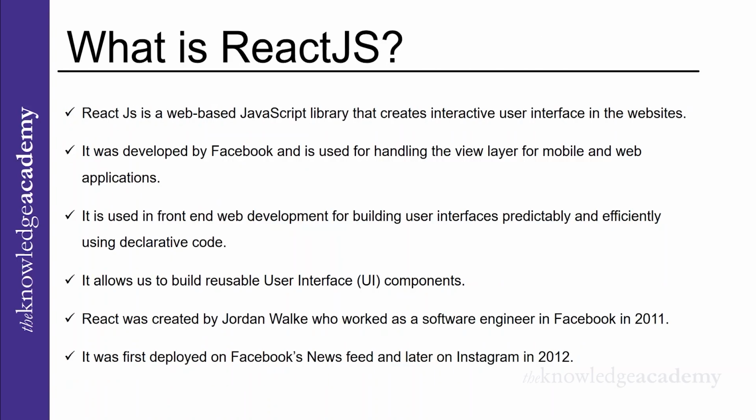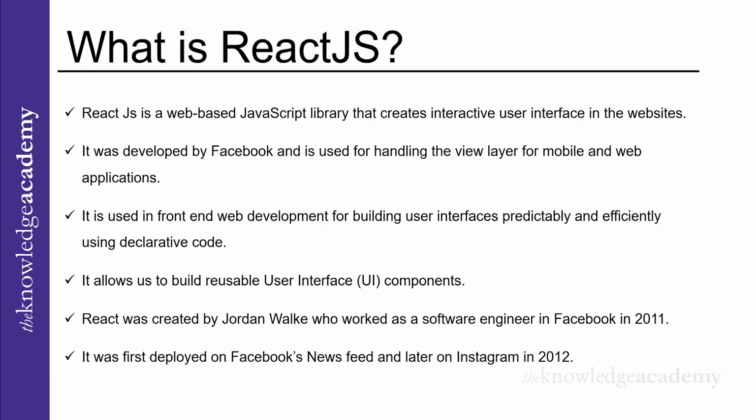Now, the main part of the training, what we'll be learning here, is ReactJS. What exactly is React, and why JS? JS stands for JavaScript here, just so you know. ReactJS is a web-based JavaScript technology, or library, it can be called multiple things, that creates interactive elements in the website.